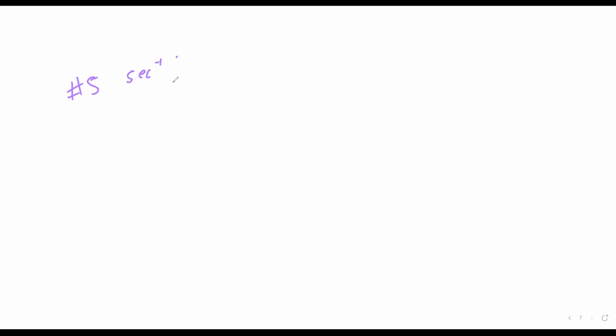Secant inverse of 2 square roots of 3 over 3. All right, on this one here, again, I'm looking to figure out where on the unit circle secant equals that. And you might be going, I have no idea.